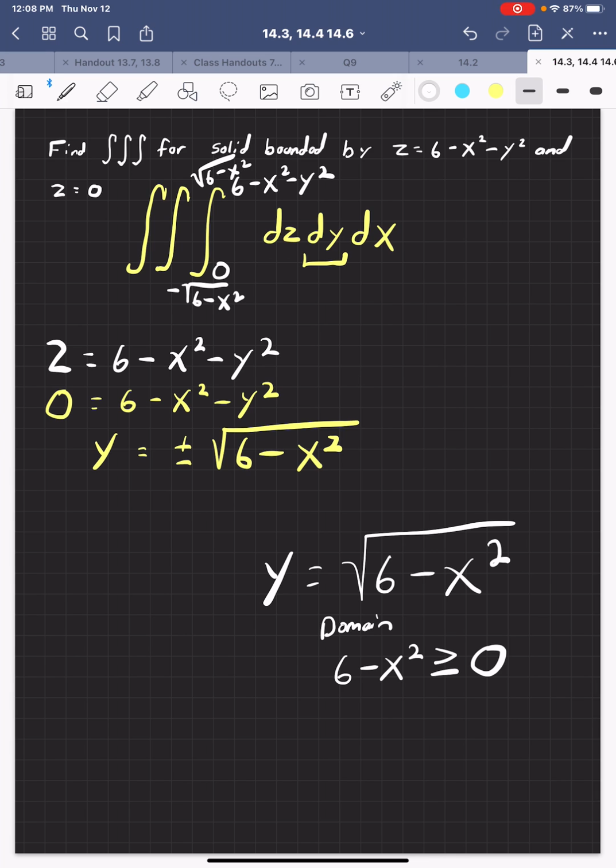So, in other words, solving for x, we have plus or minus the square root of 6. Or, in other words, x is bounded between negative square root of 6 and positive square root of 6. And there you have it. There's your final bounds for x.